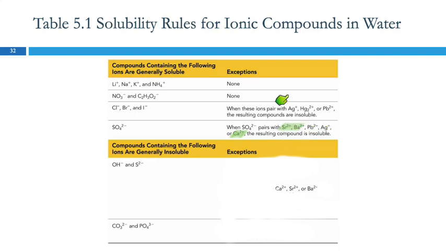Lead and silver are the same as those up there. So lead, silver, mercury, calcium, barium, strontium. I would encourage you, as you need to predict whether compounds are soluble or not, to think about it first and then check it in the table. It is a lot easier if you can remember, well, ammonium compounds are always soluble, so I don't need to go look at the table.